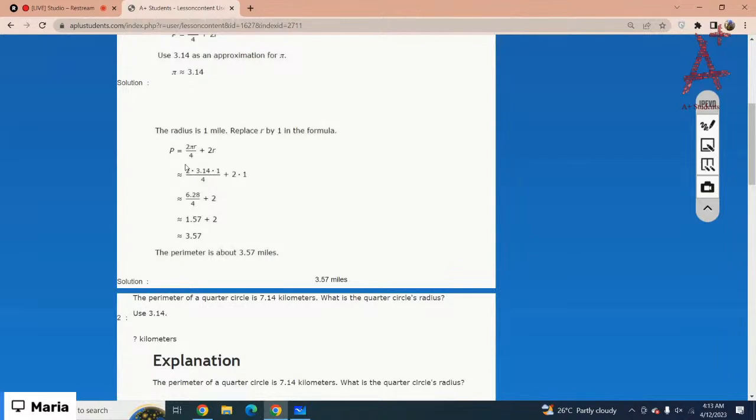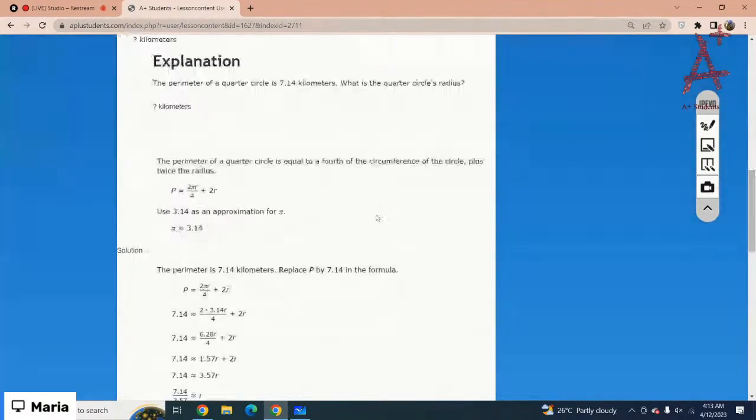Okay, the next one: the perimeter of the quarter circle is 7.14 kilometers. What is the quarter circle's radius? You are given the perimeter, you have to calculate the radius. Got it? How do we calculate? We know that the formula is 2 pi r over 4 plus 2r. So just put in all the values other than r and then solve.